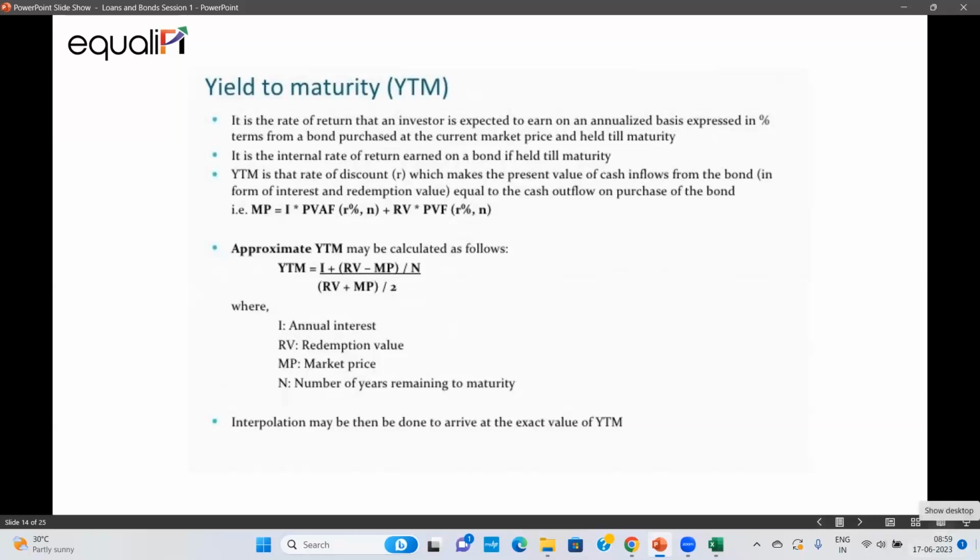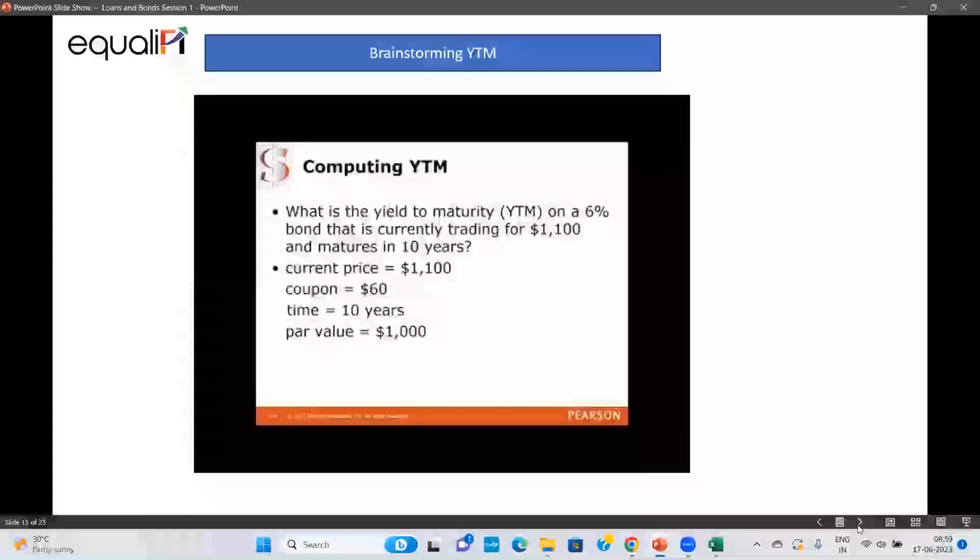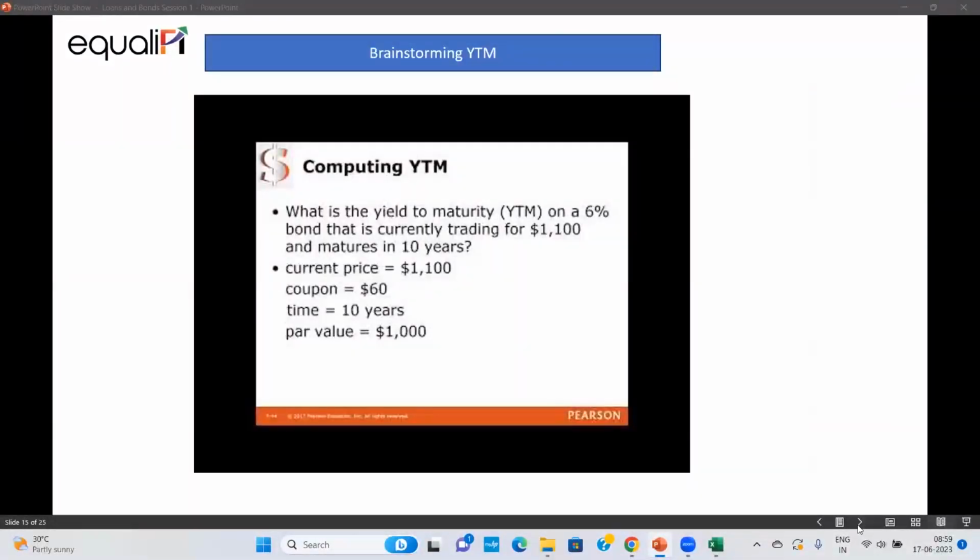Okay, let us go next. 4.76 and 4.72 are quite close.